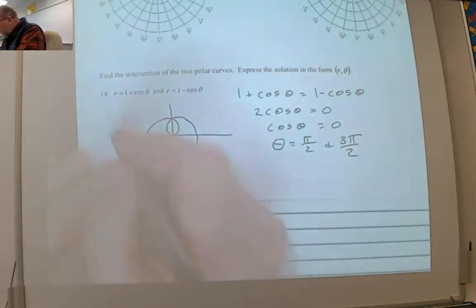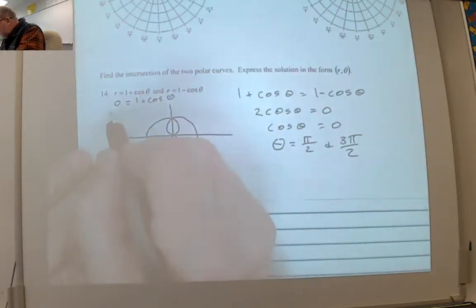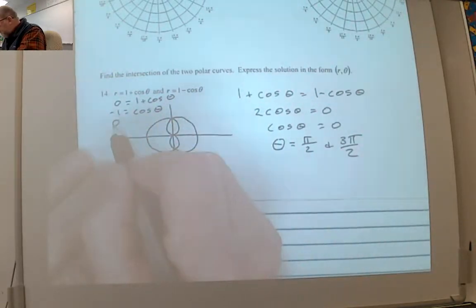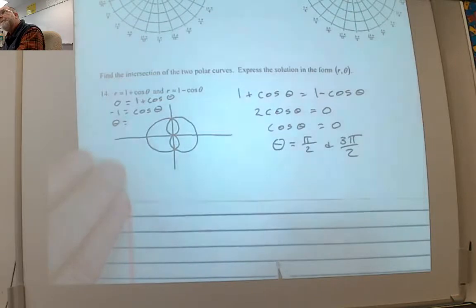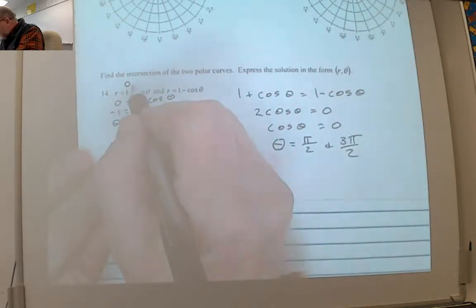So I'm going to let this equal 0. And that means -1 is going to equal cosine of theta. And theta would be what? It would be pi. So this point where it's at the pole is 0 comma pi.